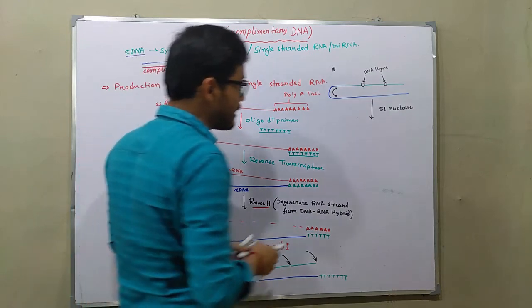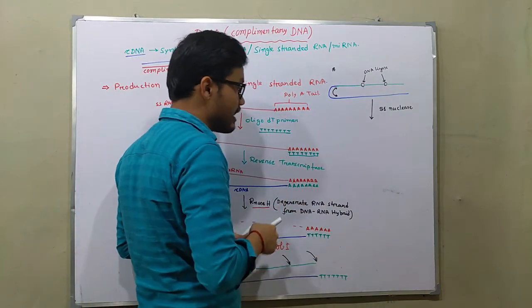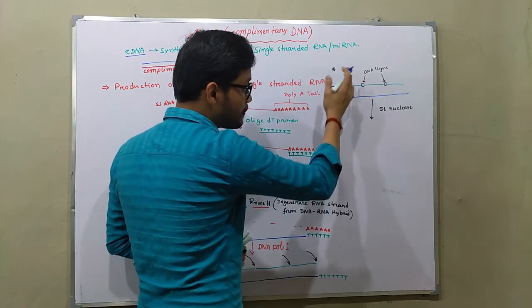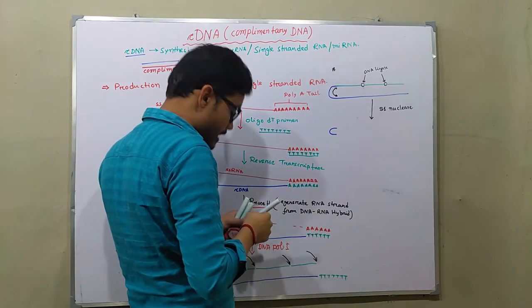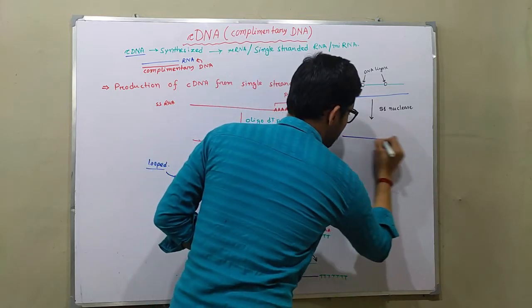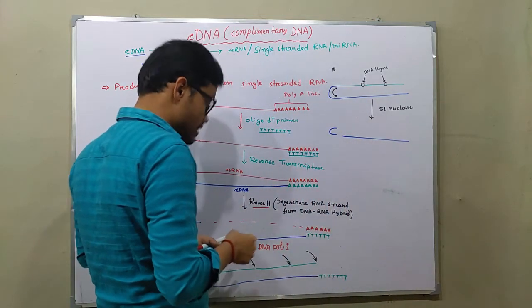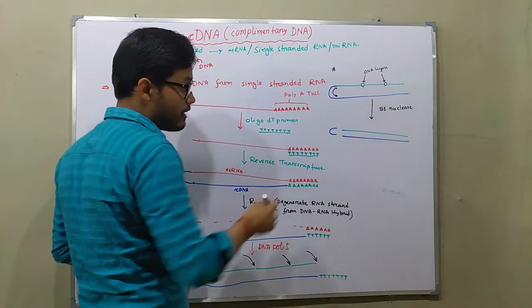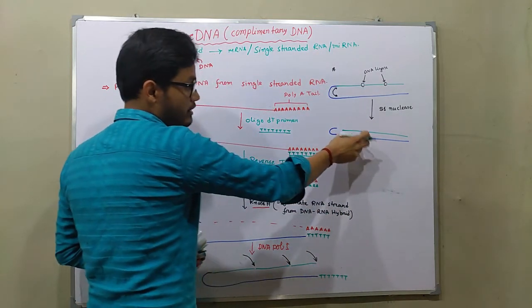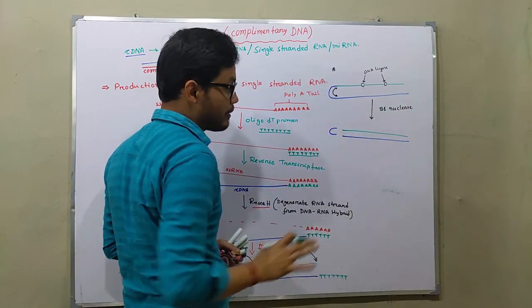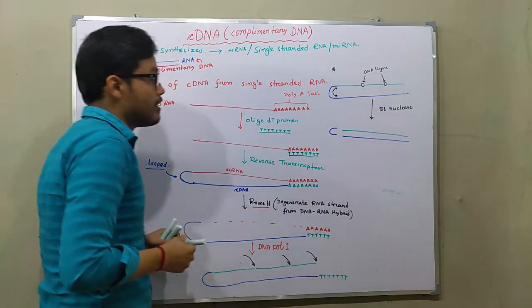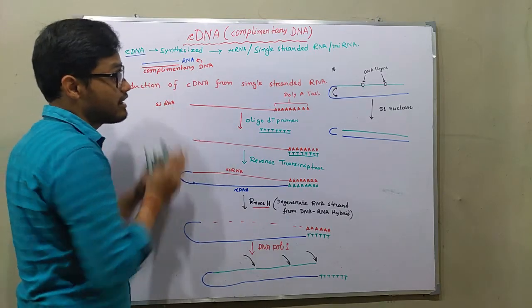After adding S1 nuclease, it cleaves off the loop portion from that DNA strand and ultimately produces a double-stranded DNA molecule, where one strand is complementary DNA and the other strand is normal DNA. Okay, so this is how a double-stranded DNA is produced from a single-stranded RNA molecule.